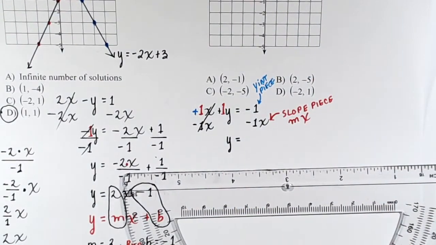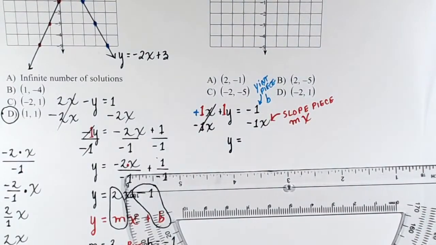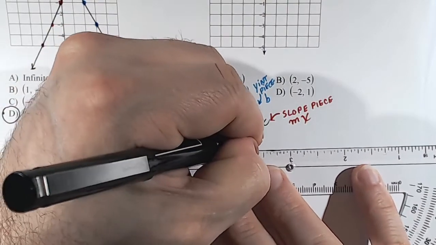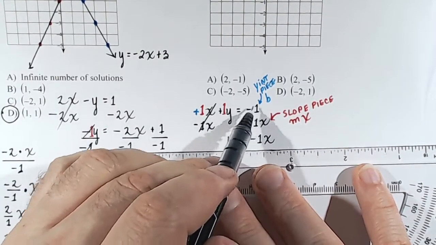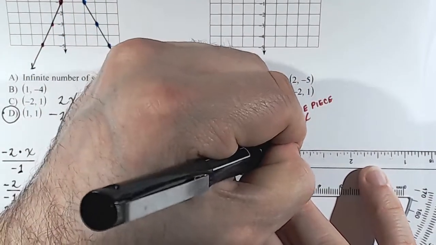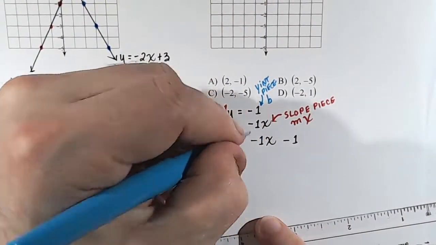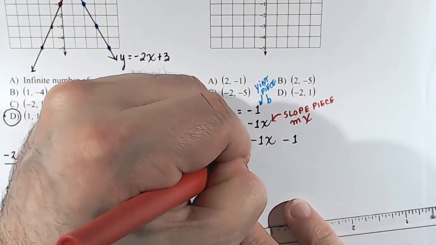And this part up here, this is b. So I want the mx to come first, so I'll put negative 1x, and then I'll bring this negative 1 down and put it afterwards. And now I hope you understand why this is now in the form y equals mx plus b.